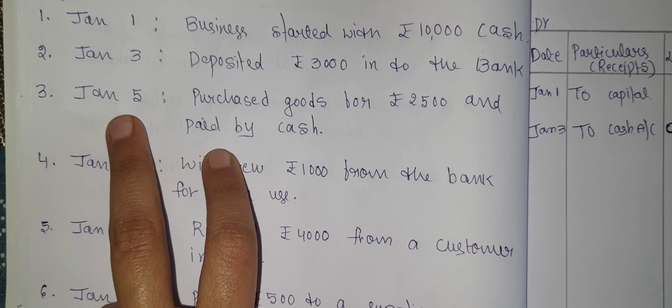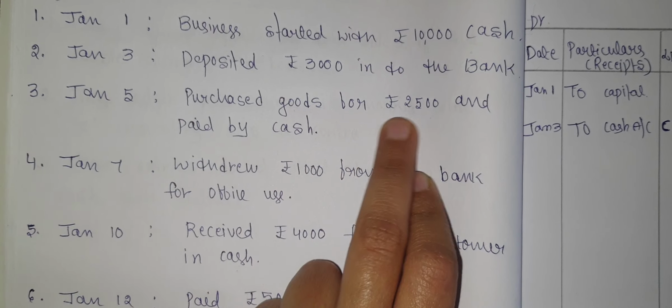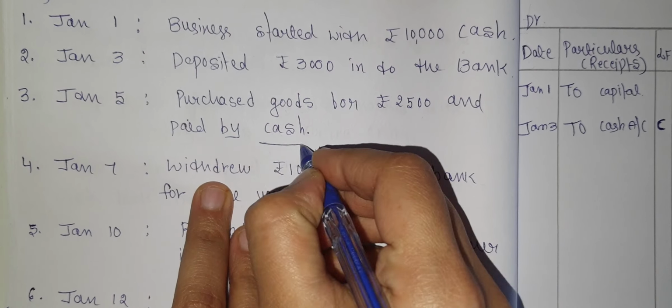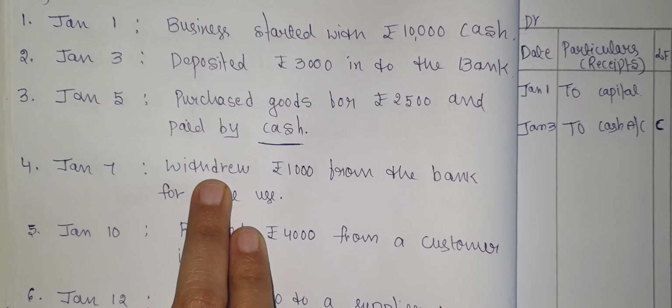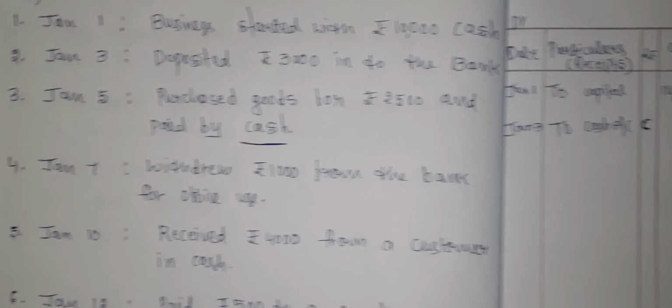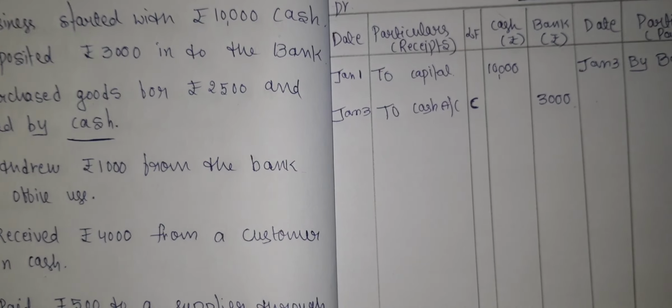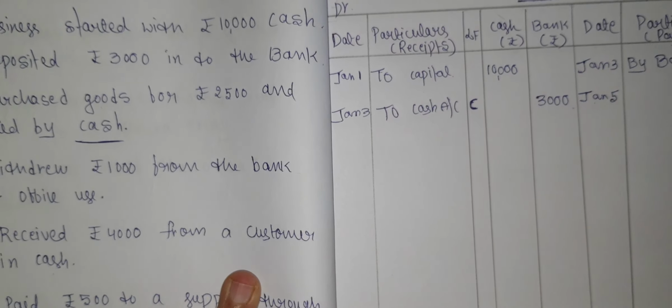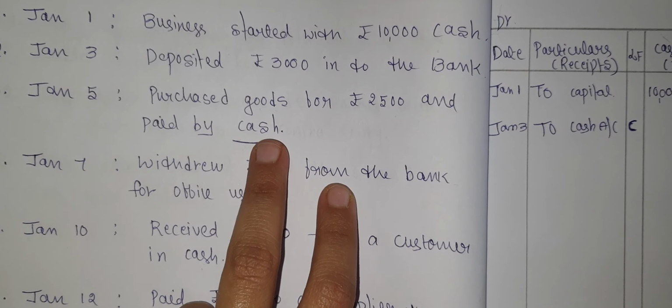Now we will move to the next one, that is on Jan 5th purchased goods for rupees 2500 and paid by cash. Here paid by cash, not through bank. Means what we have to write? Here purchase account debtor to cash account. And on Jan 5th, for purchase of goods we have to pay the cash, right?